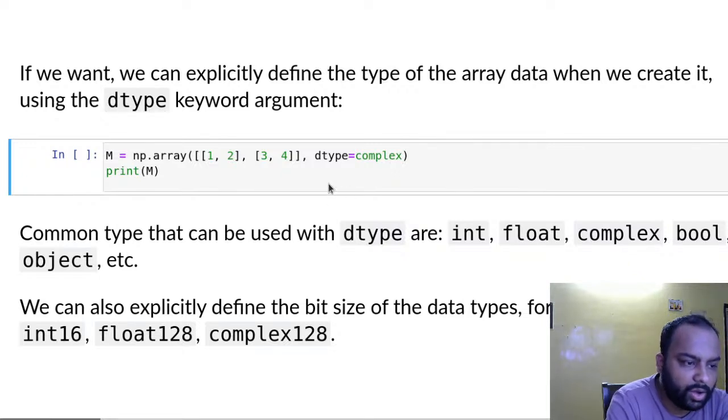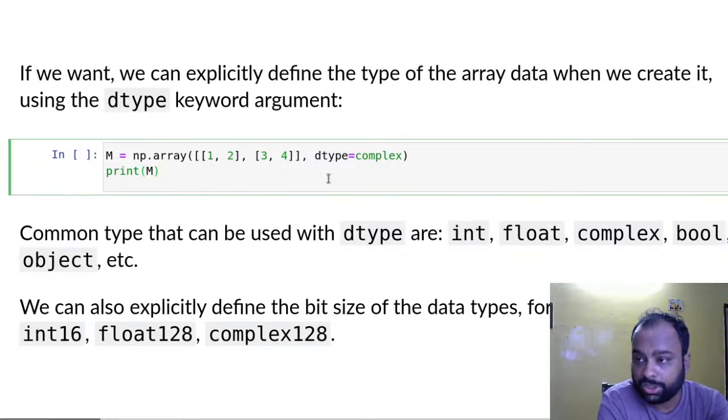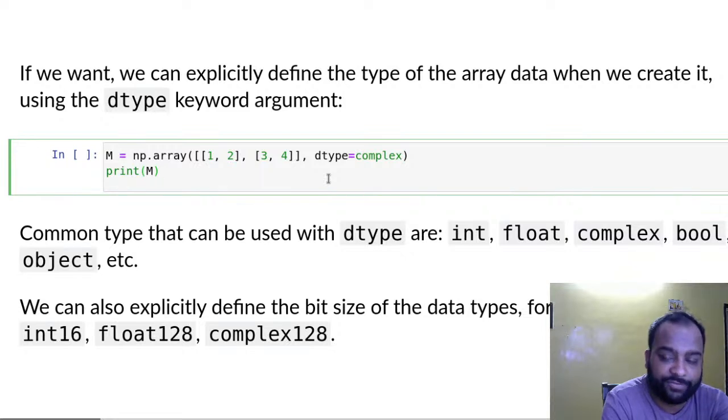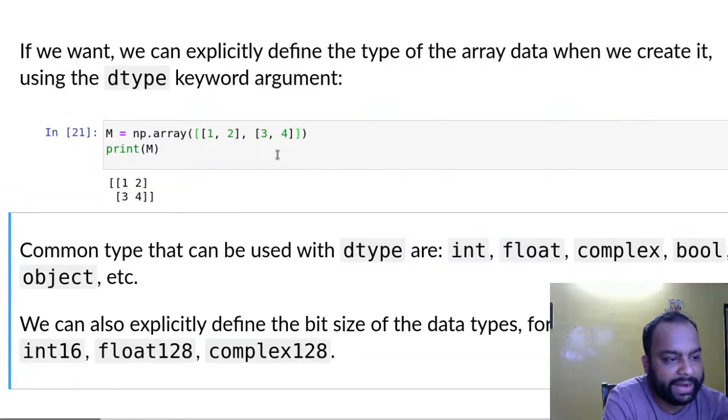Now you can force NumPy to change the data type. When you create a NumPy array, you can declare the data type. Even if you are writing integers, by default these numbers are treated as integers.